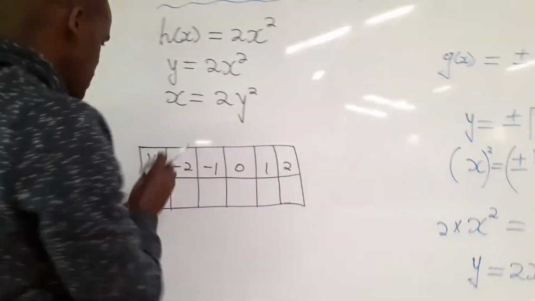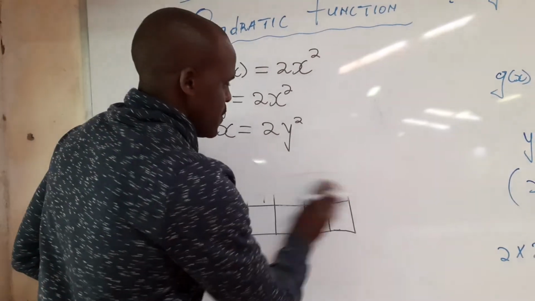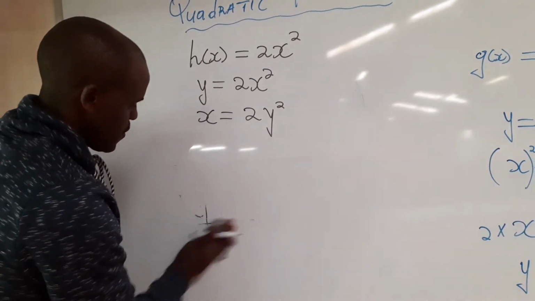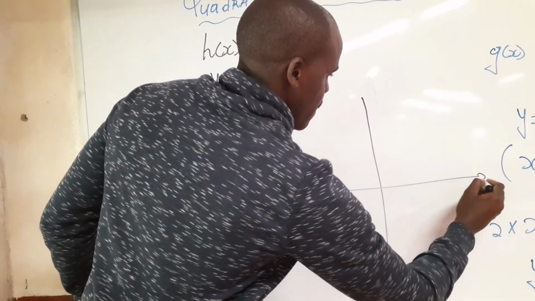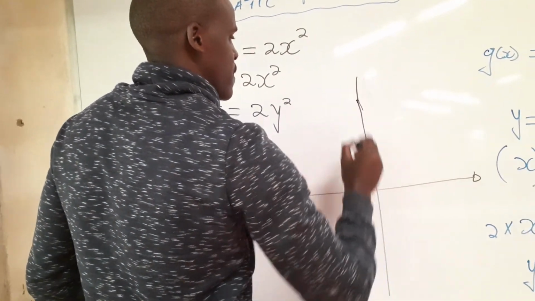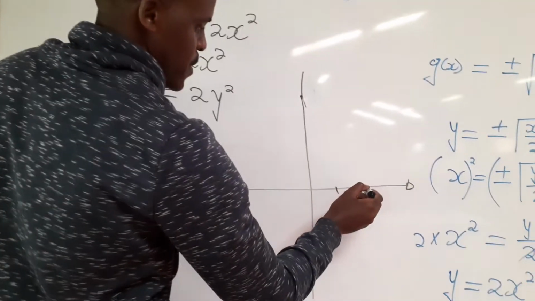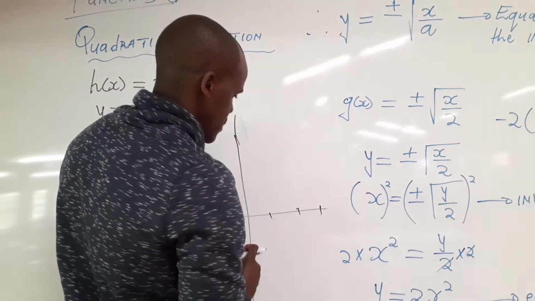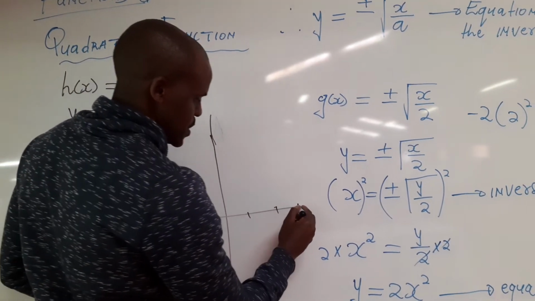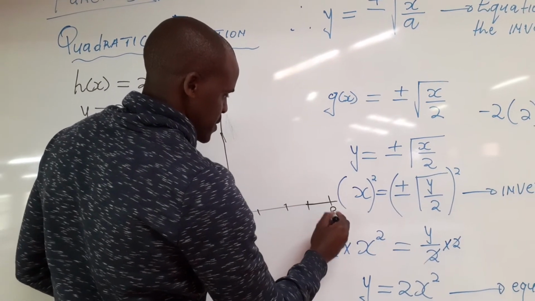Let's use the same way. Let's just swap the points. It's 2, 4, 6, 8.